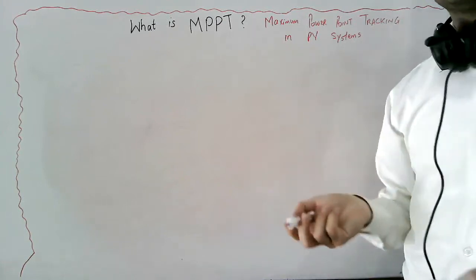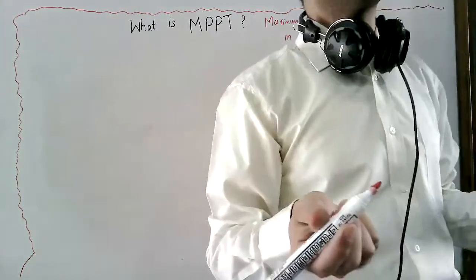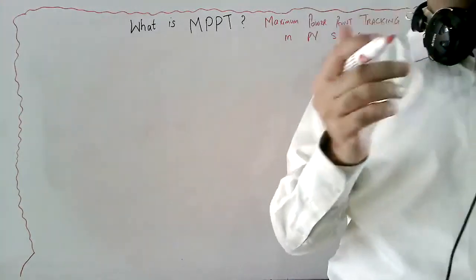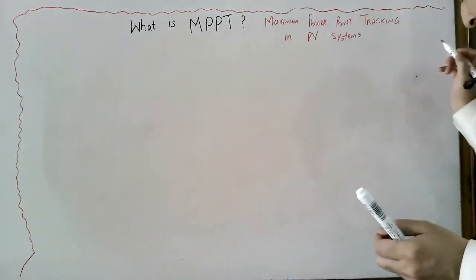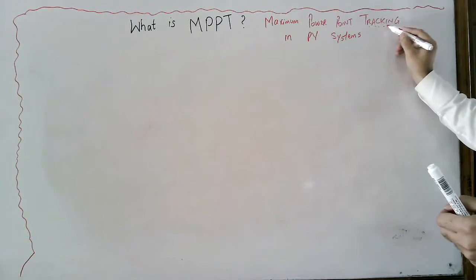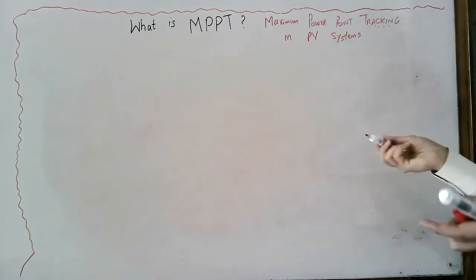As the name indicates, MPPT means maximum power point tracking. It means that we are going to track the maximum power.